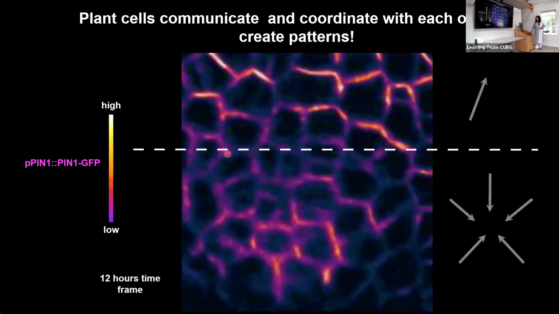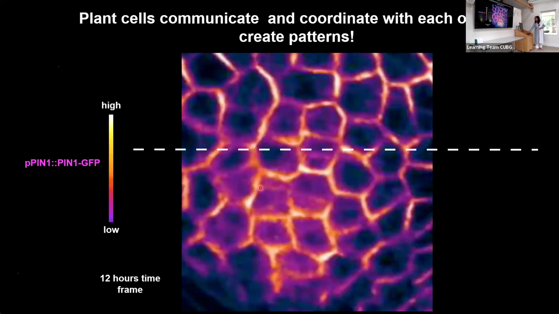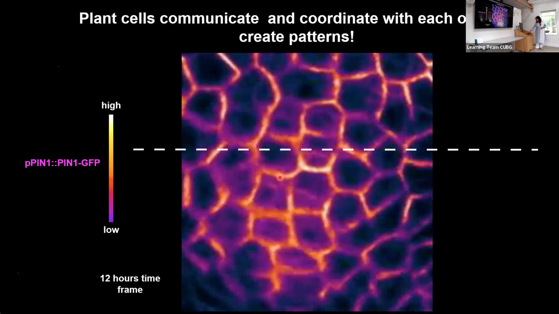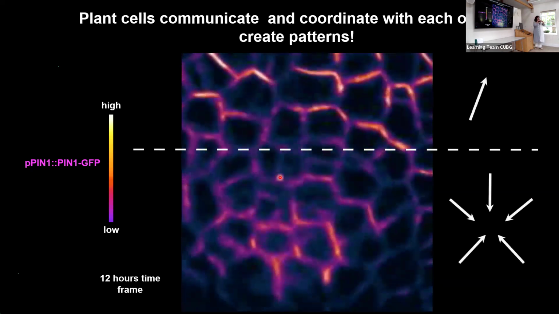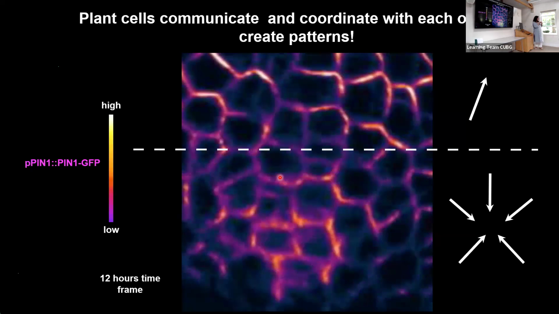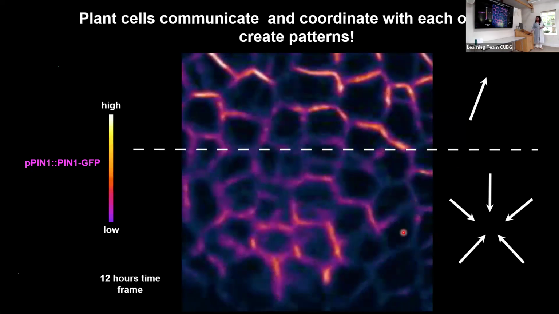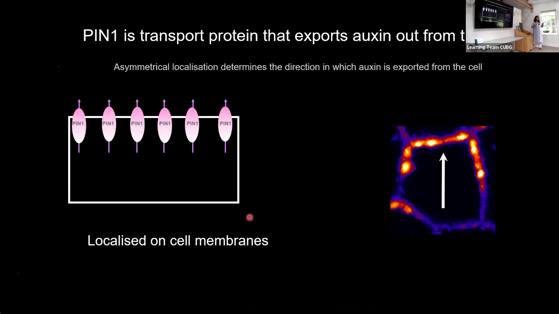And then cells below this dash line are trying to form a kind of pattern, converging from all different directions over here. And this indicates that plant cells can talk to each other, like each of these cells was coordinating that together we have to orient or change the side of our pin protein to one particular side.